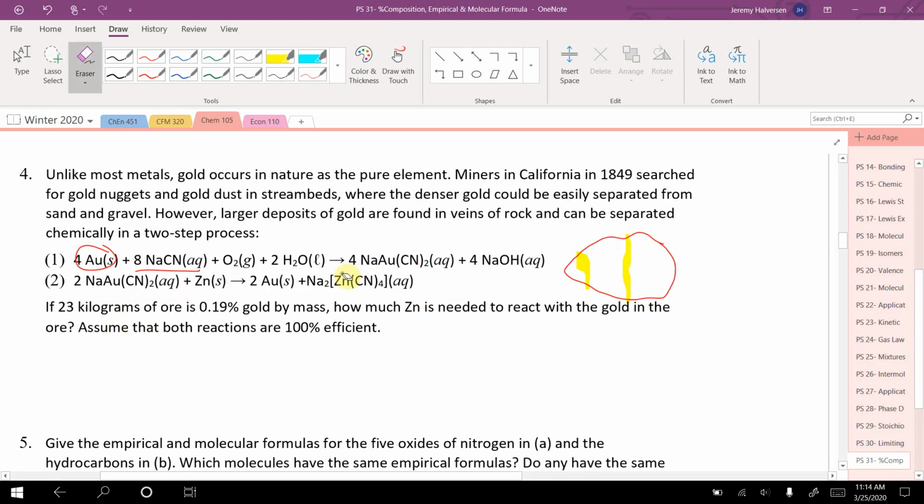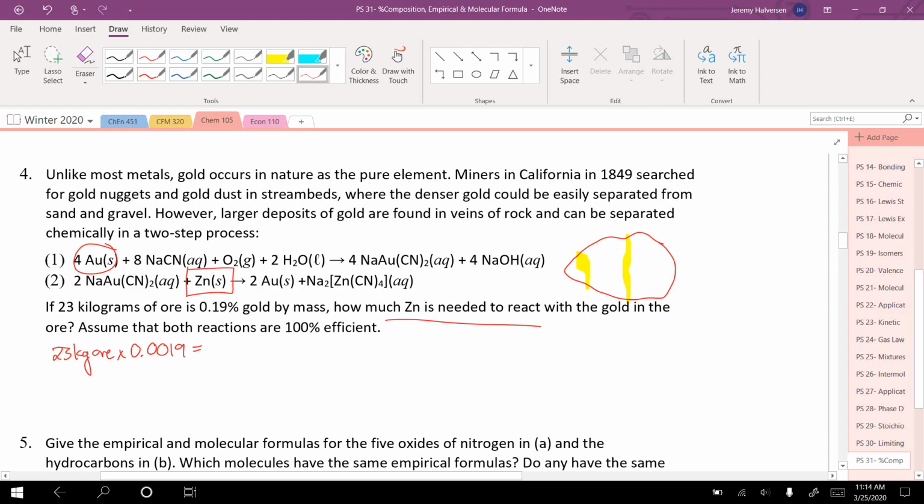So we're trying to find how much zinc is needed to get all of the gold. Well, how much gold do we have? We have 23 kilograms of ore, and it's 0.19%, so 0.0019 gold.